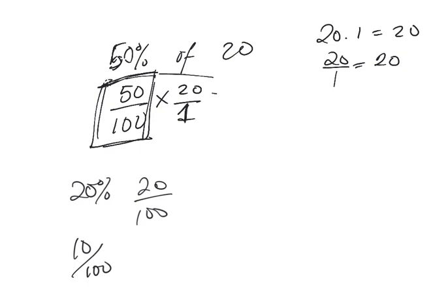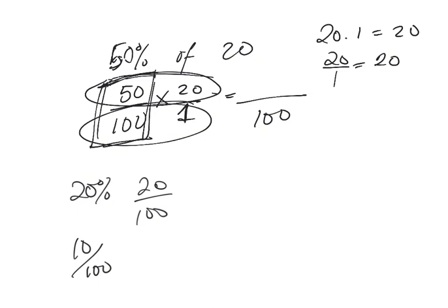But so we have 50 over 100 times 20 over 1. If we were to multiply this across, we would get 50 times 20, and then on the bottom we'll have 100 times 1. So you have 100 on the bottom, and on the top you would have 1,000. In math, you are allowed to cancel out those zeros. They're the same. You don't do this for other numbers, though.